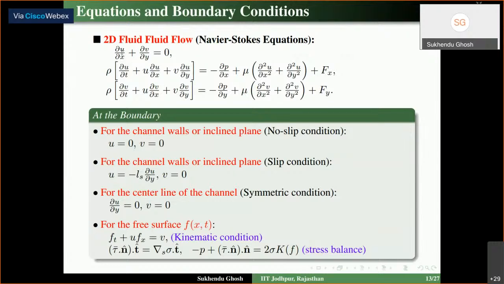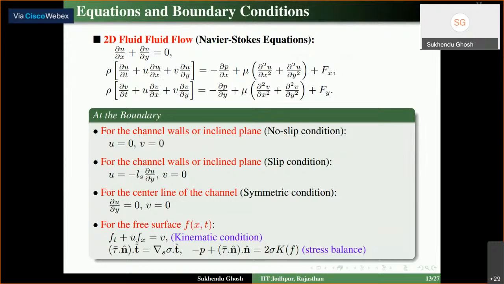Coupled means there are certain variables. In this Navier-Stokes equation, the variables are u and v, which denote the velocity of the system. u denotes the x-directional velocity, v denotes the y-directional velocity, and these velocities depend on time and space.